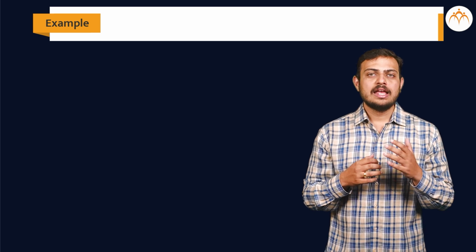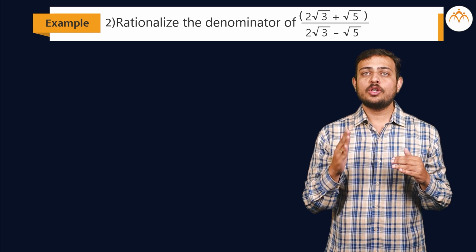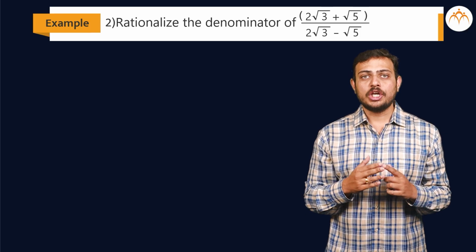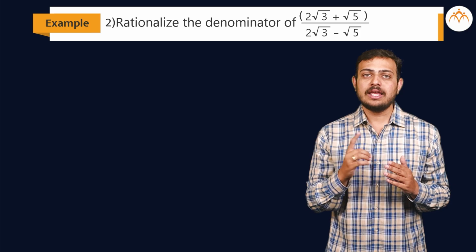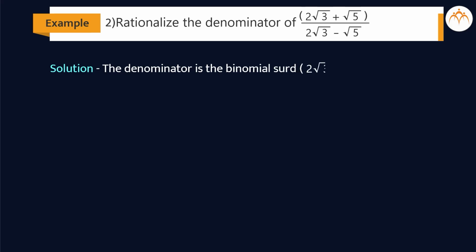Another example. Suppose we have to rationalize the denominator of (2√3 + √5) / (2√3 − √5). Solution. The denominator is the binomial surd 2√3 − √5.